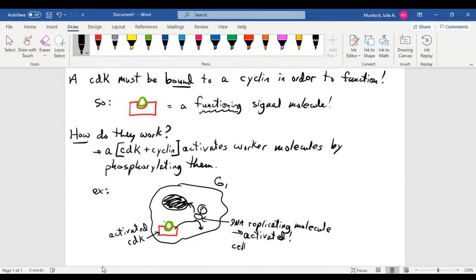And the cell now enters S phase. As soon as it has enough cyclins to activate the CDKs, which are going to phosphorylate those DNA replicating worker molecules, you can go into the S phase. So that's basically what's going on here. It's a simple way of explaining it, but that's basically it.